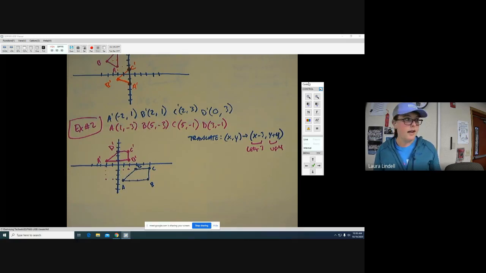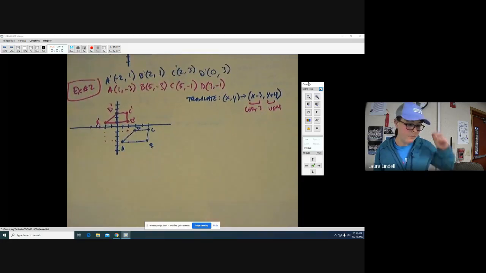Okay. The last kind of thing we need to do today is be able to figure out between two shapes what transformation happened. So if I graph two shapes, we need to be able to tell how do I get from the pre-image to the image.